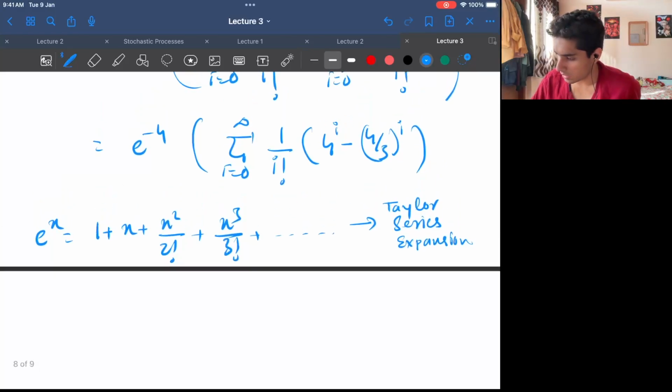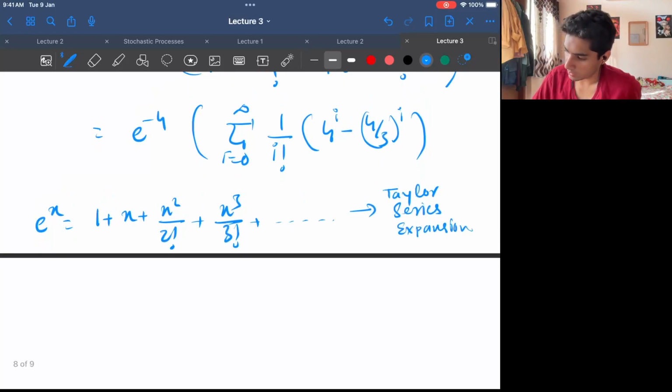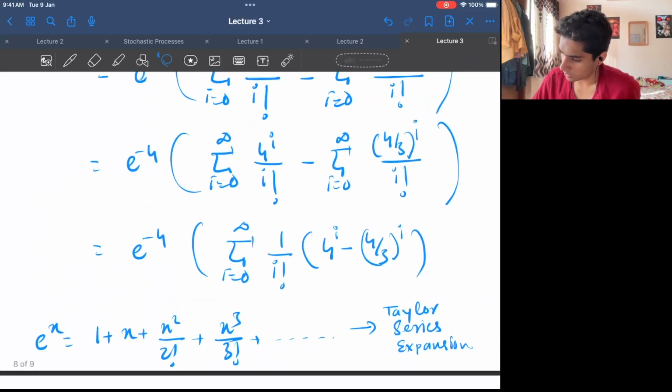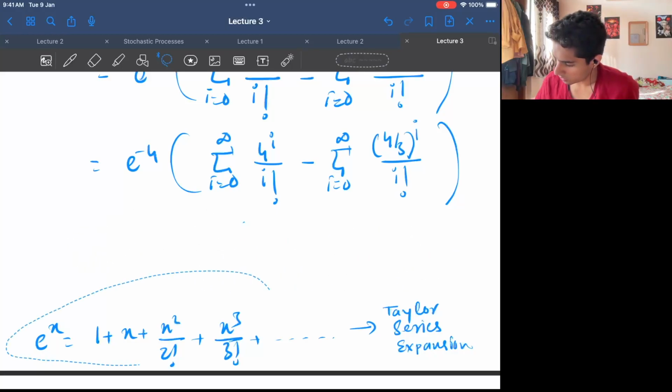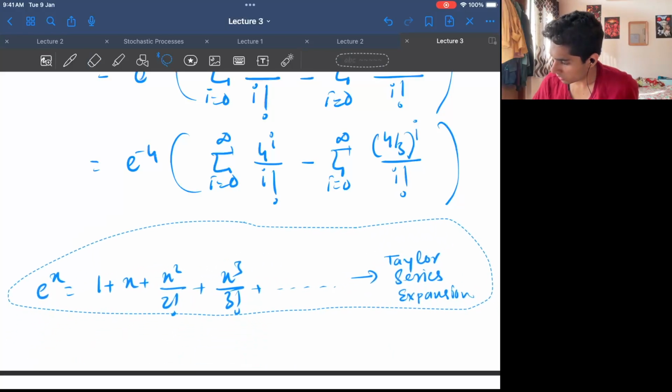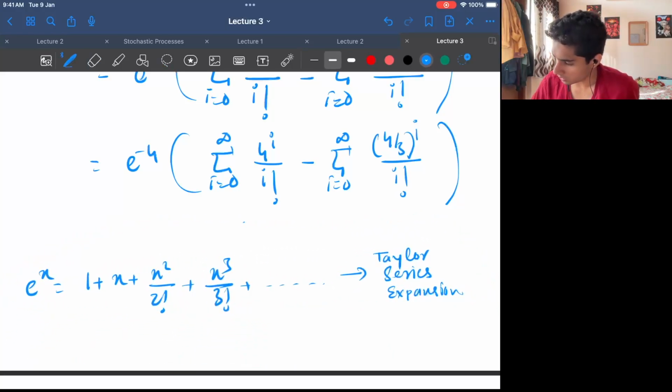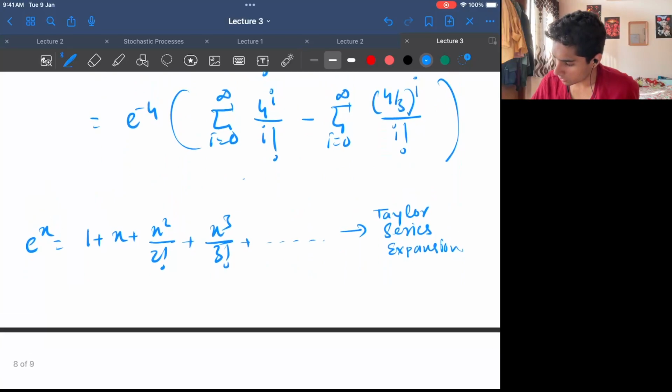So basically we can look at this. So maybe ignore this part. Just take this here. So this is basically 1 plus x plus x square by 2 factorial and so on, right?